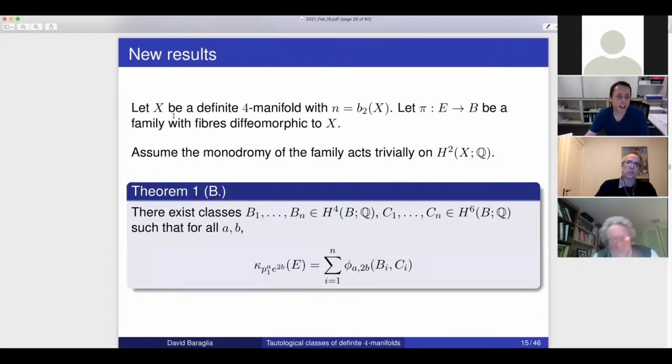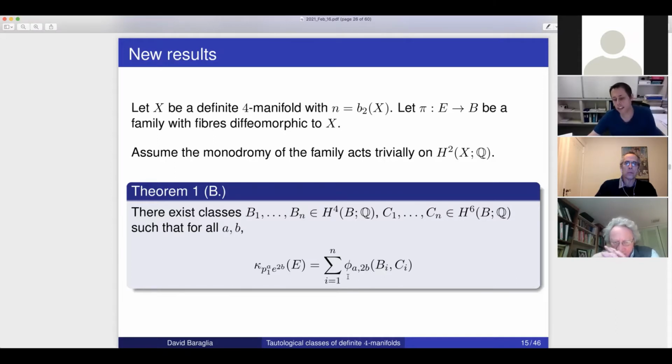So let X be a definite 4-manifold. Consider a family of fibers X. Assume there's no monodromy; I mean, assume the monodromy acts trivially on H2. Then there exist classes B1 up to Bn and C1 up to Cn, such that the tautological classes of E look like a sum from 1 to n of phi.